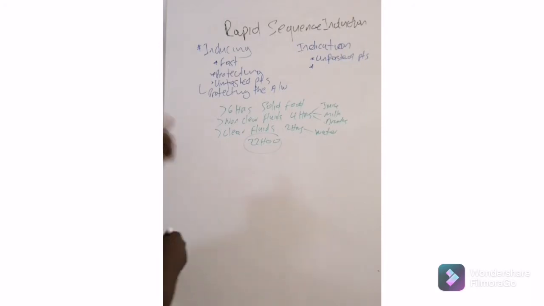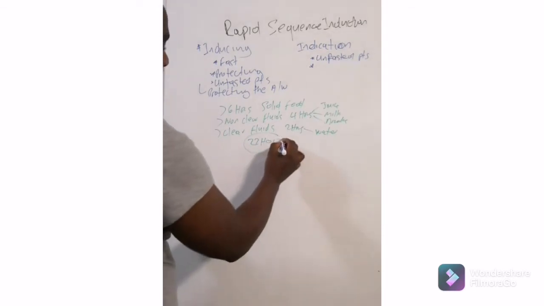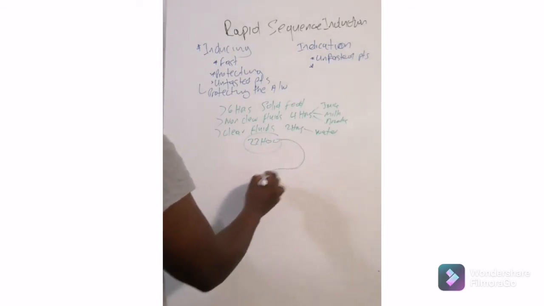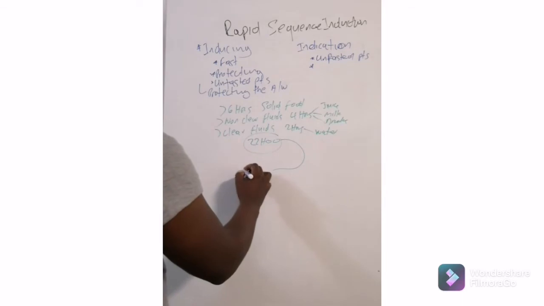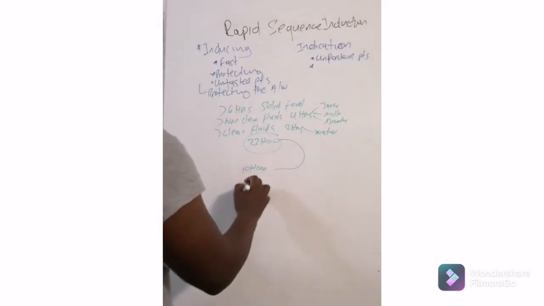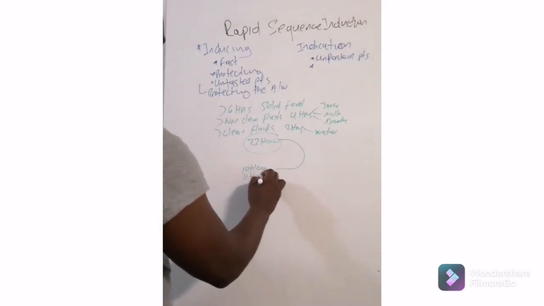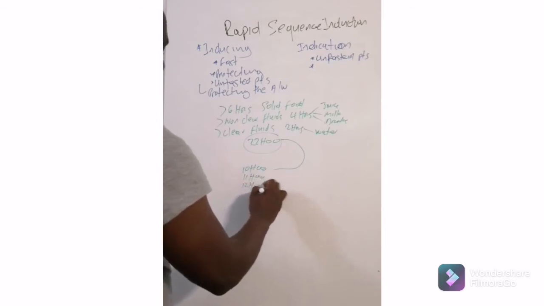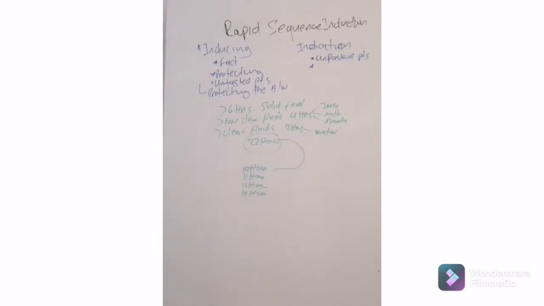So the patient has their last meal at 10 o'clock, and then throughout the night they don't eat anything until maybe they go at 10 for their operation, sometimes at 11, depending on how many patients there are, sometimes at 12, sometimes even at 2. This is where we can do better as doctors and nurses when it comes to these protocols. But sometimes you don't really know which patient is going to be number 1, number 2, number 3.